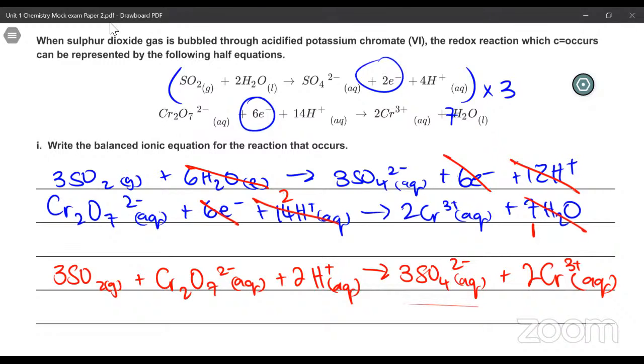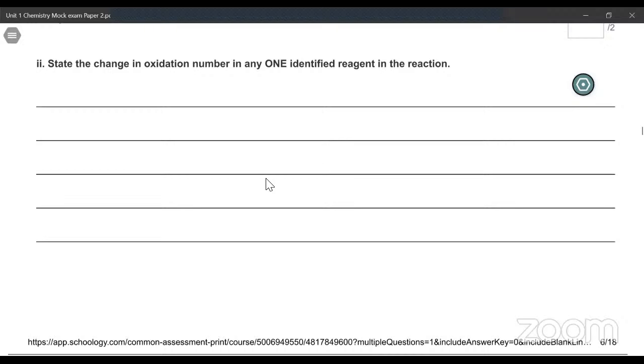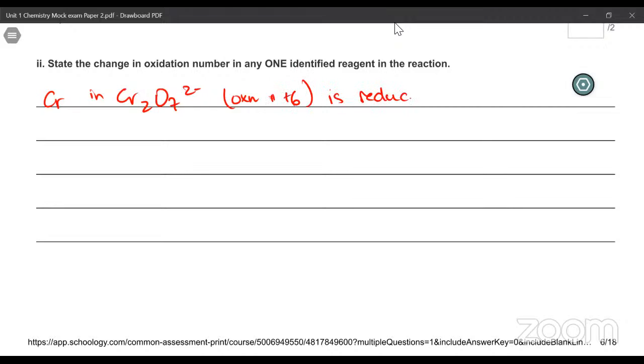Now, let's move to the other question. It says state the change in oxidation number in any one identified reagent in the reaction. Chromium in the Cr2O7 2- has an oxidation state of +6, and that is reduced to Cr3+ in the reaction.